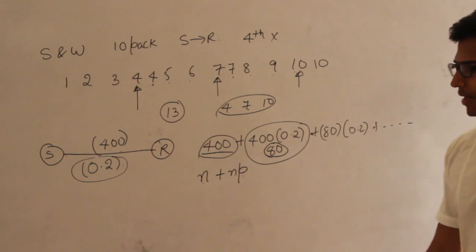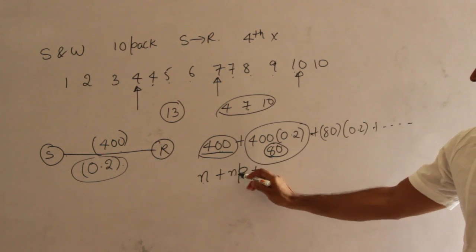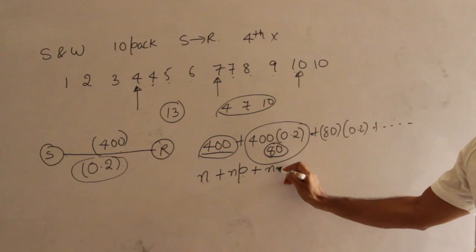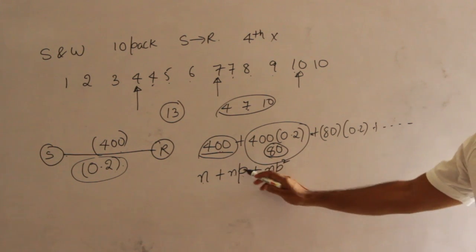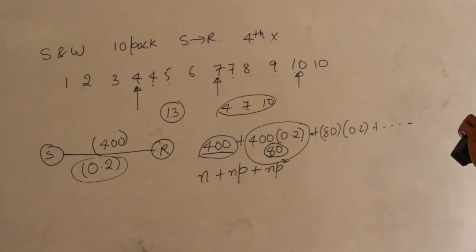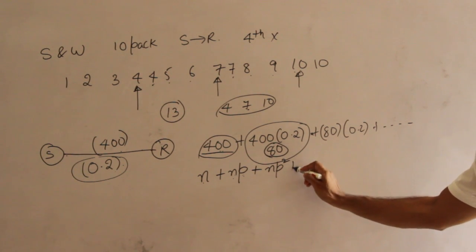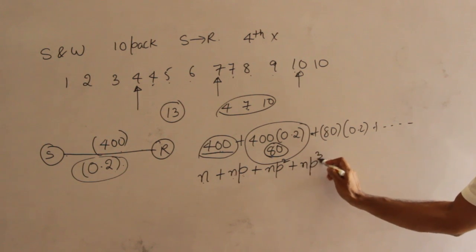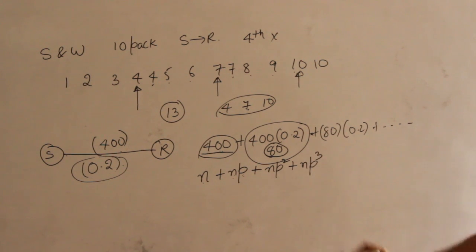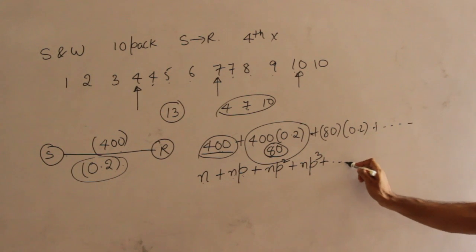Again when I am sending np packets, I have to send np square. Why? Because out of np packets, np square packets will be lost. Therefore I will retransmit np square, plus np cube. From np square I get np cube lost packets, plus so on.